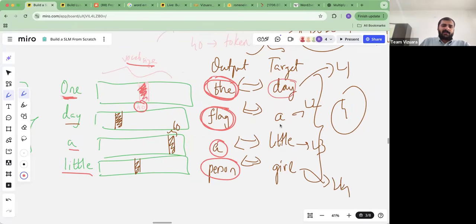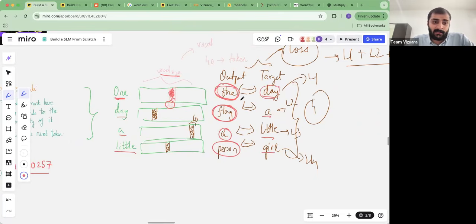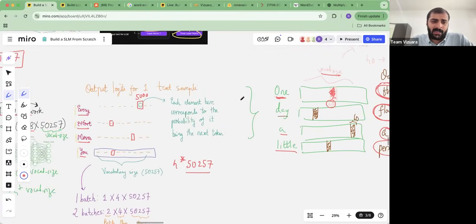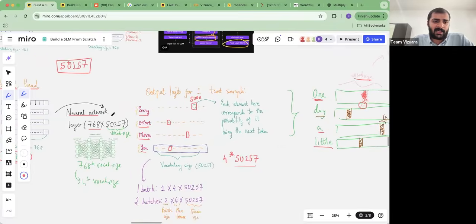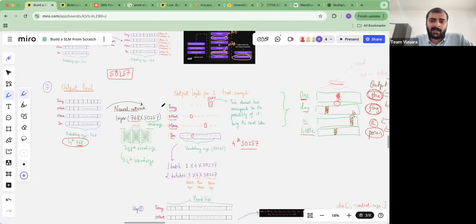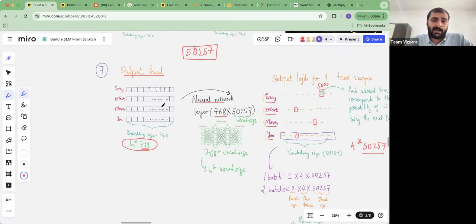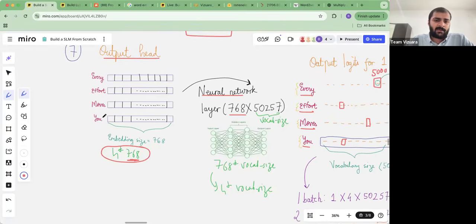And we already have the targets. The target is "day a little girl" for our next token prediction task. And then we will just compare the loss between the output and the target. We'll see how to compute the loss in the next lecture. That's not the main purpose of this lecture. The main purpose of this lecture is to understand how exactly we get the next token predictions from our model, right? So "every effort moves you".